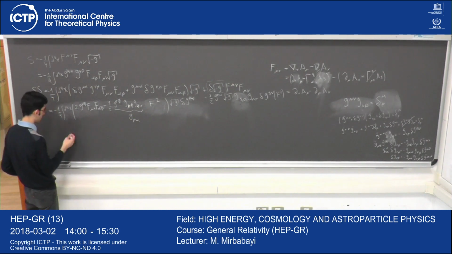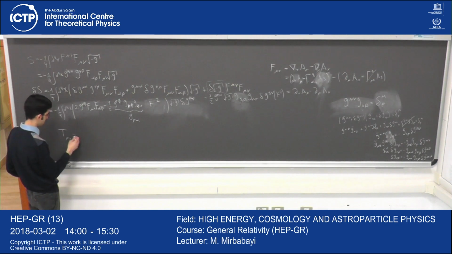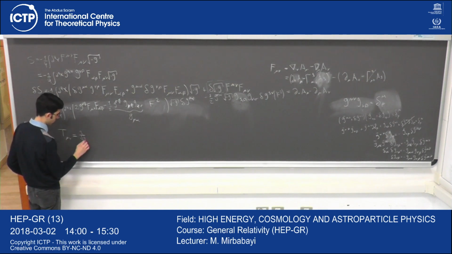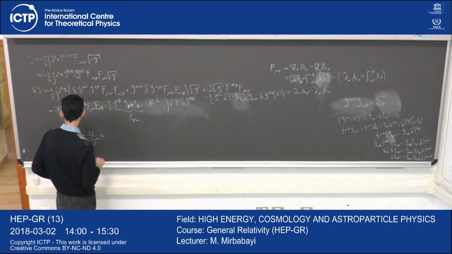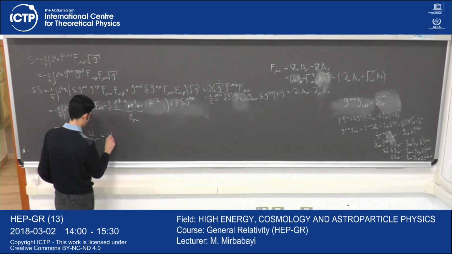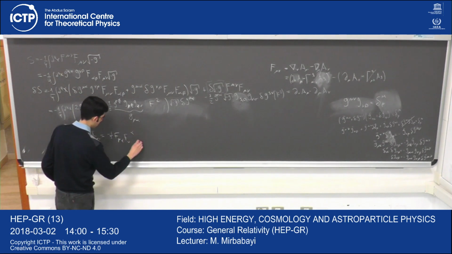Yes. So what do we get at the end of the day? We get T mu nu equals 2 over square root of G, delta S over delta G mu nu. And that is going to be minus 1 over 2 F mu alpha F mu alpha.